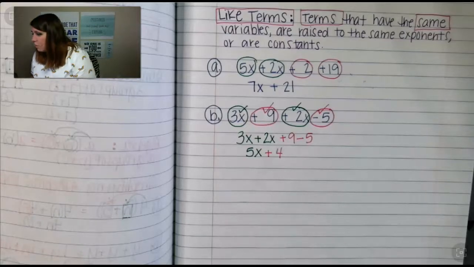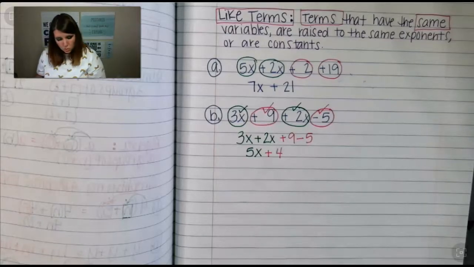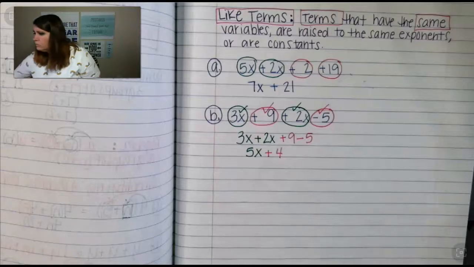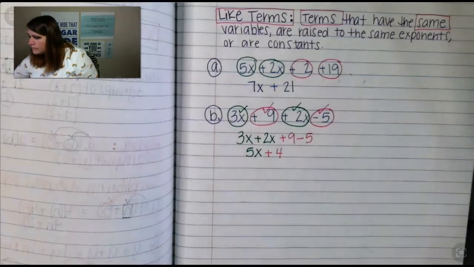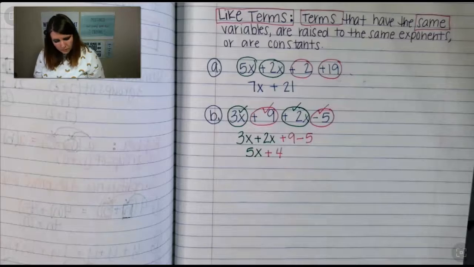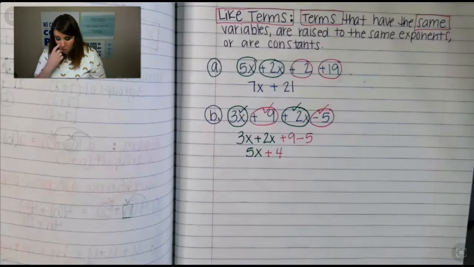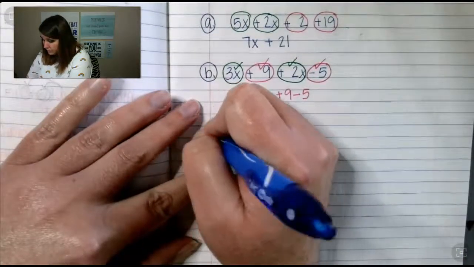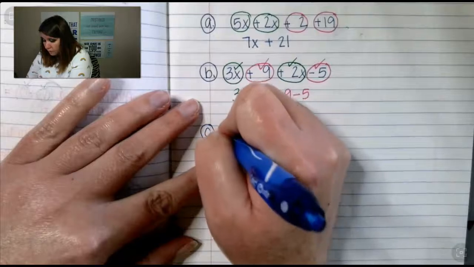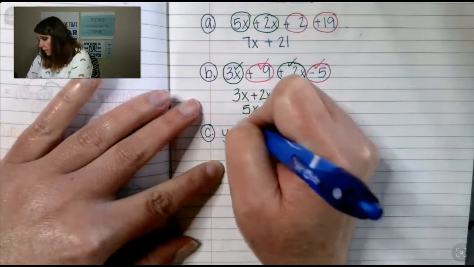Okay, let's look at another problem. Let's look at what happens when you have, oh, this is a fantastic problem. Okay, let's look at this one. I have y plus y plus y.